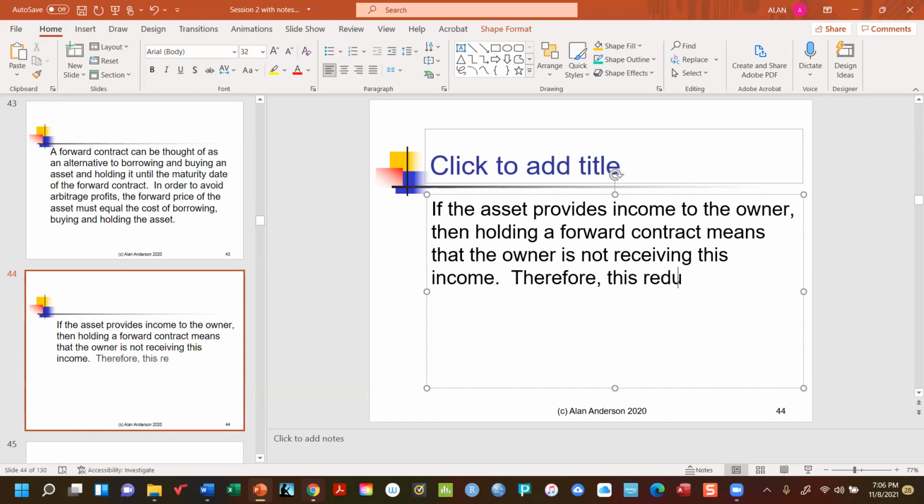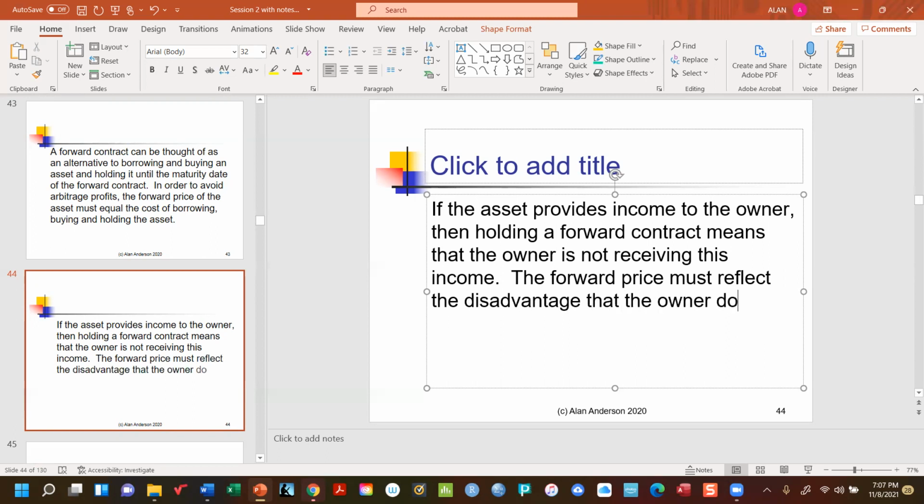Therefore, this reduces the forward price. The forward price must reflect the disadvantage that the owner does not receive the cash flows from the asset.